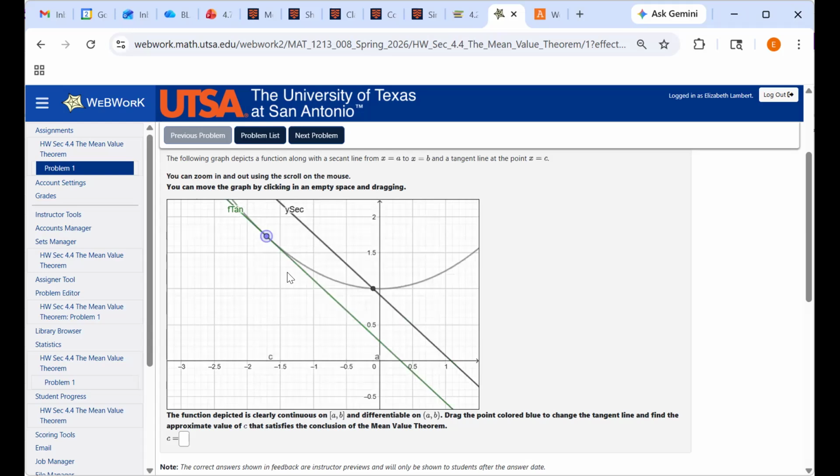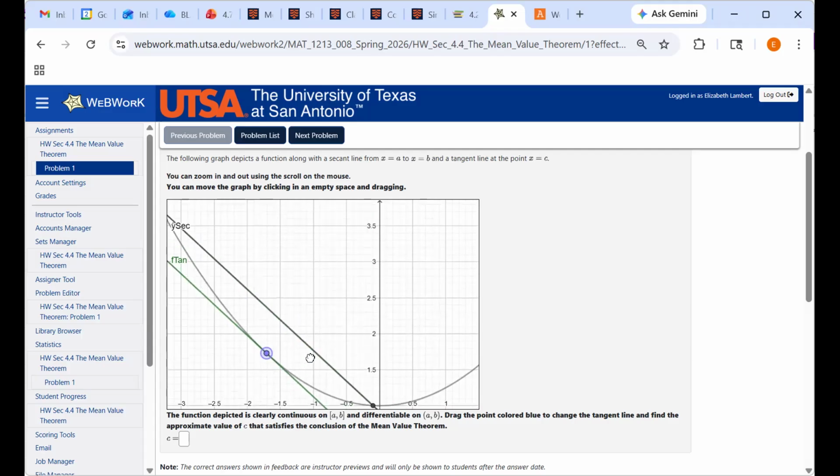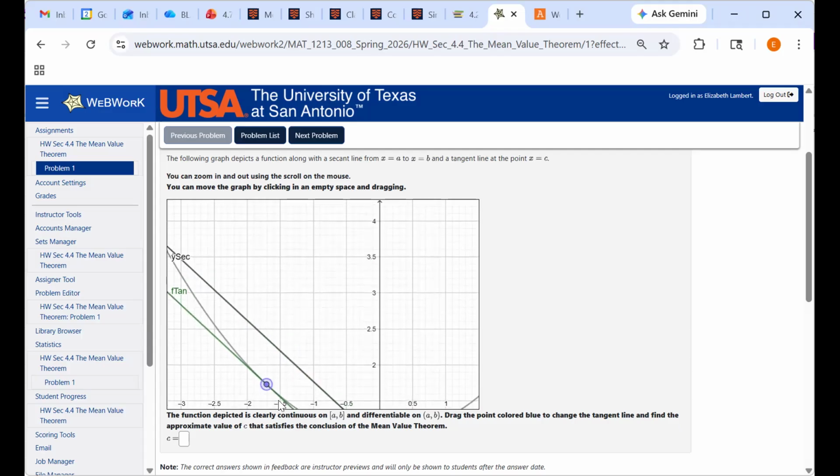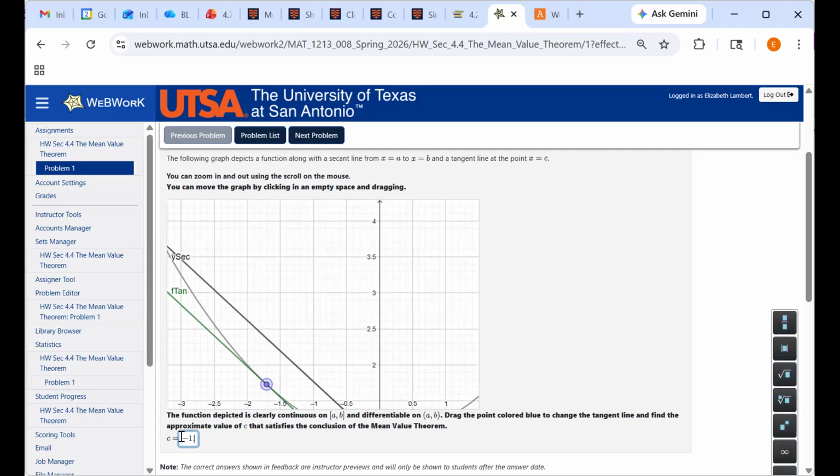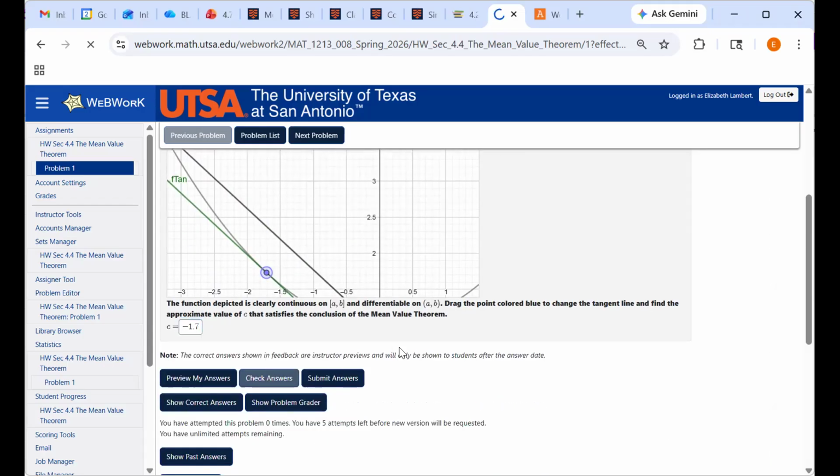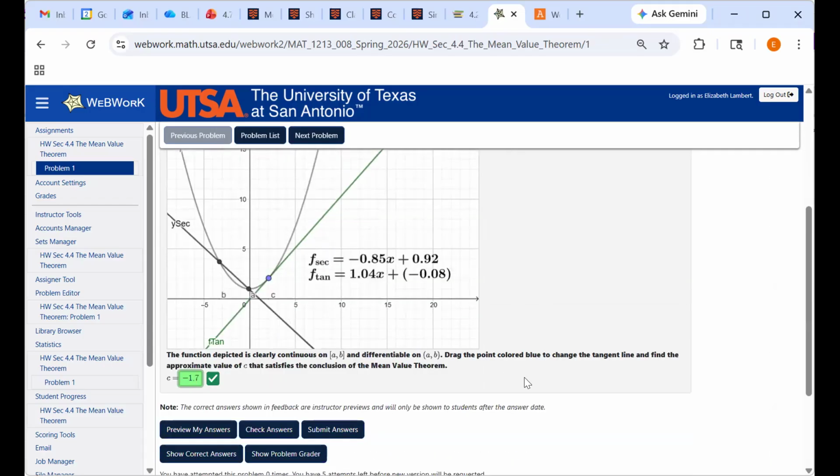And then I'm going to zoom in. And that appears to be at negative 1.7. And I hit check, and Webwork likes that.